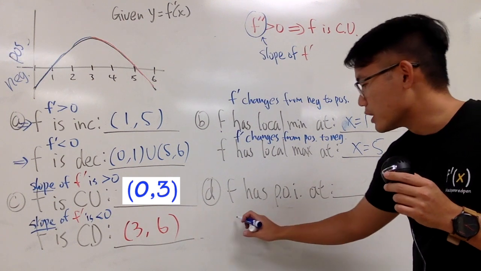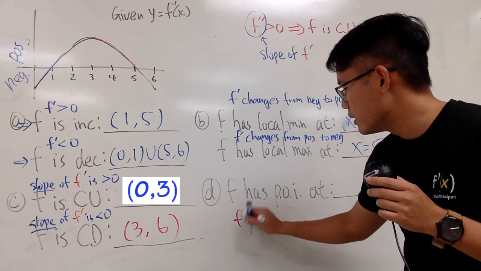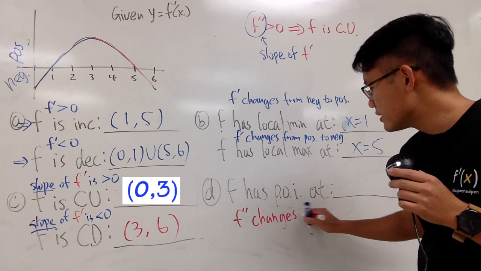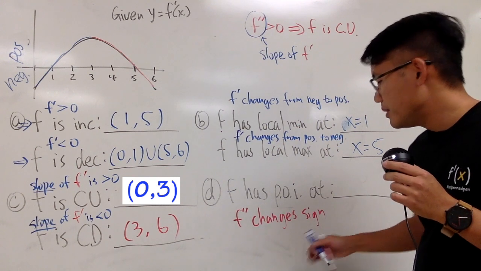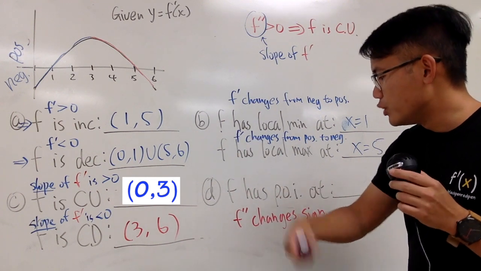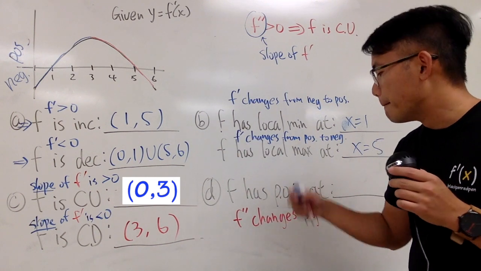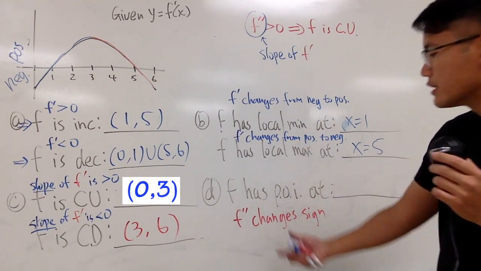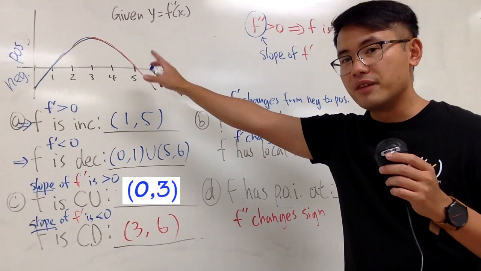The situation is where the second derivative changes sign, right? F double prime changes sign. Meaning that you can go from negative second derivative to positive second derivative, or positive second derivative to negative second derivative. And once again, we don't have the second derivative, but it's okay.